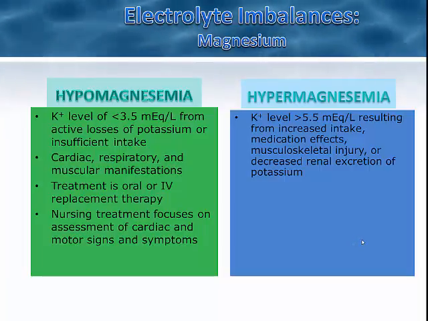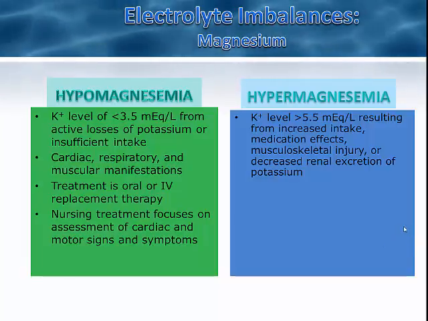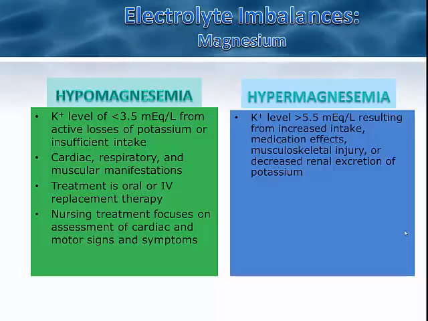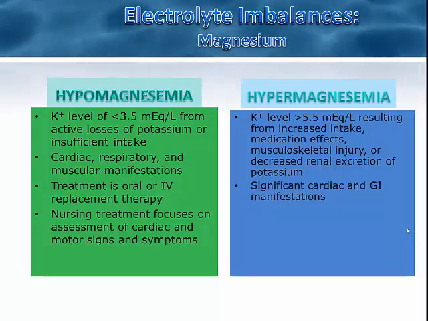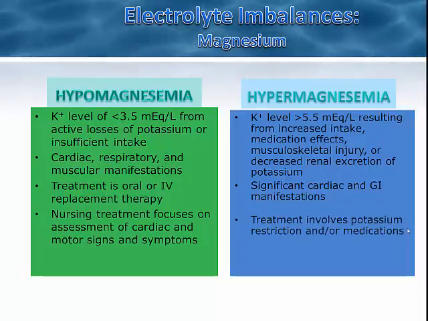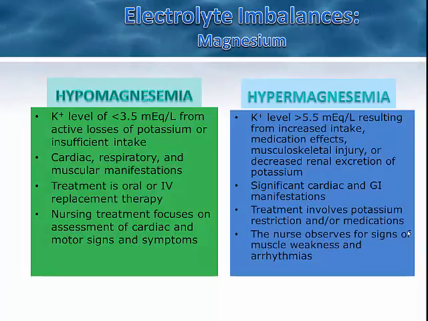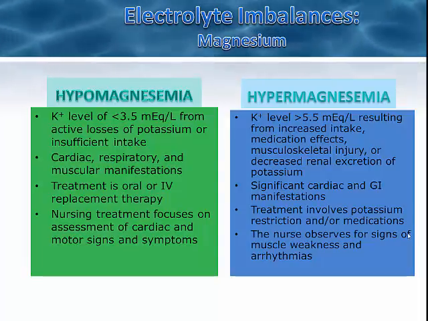Sometimes magnesium levels will increase due to musculoskeletal injury or decreased renal excretion of potassium. So again, the two are directly correlated. Significant symptoms, again, are cardiac and GI, and the treatment involves potassium restriction and or medications, and the nurse would be observing for those signs. So those two go together very closely.